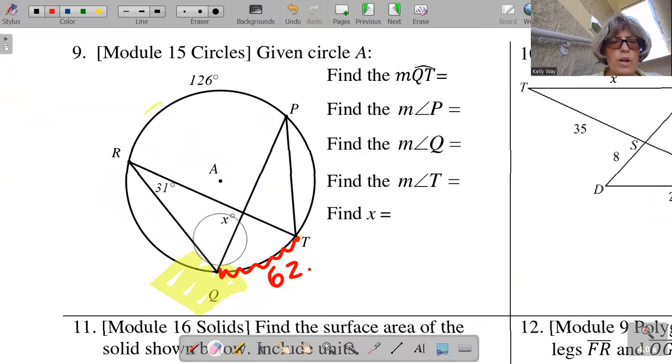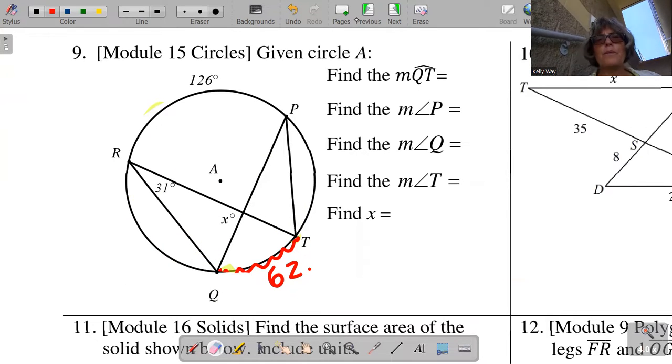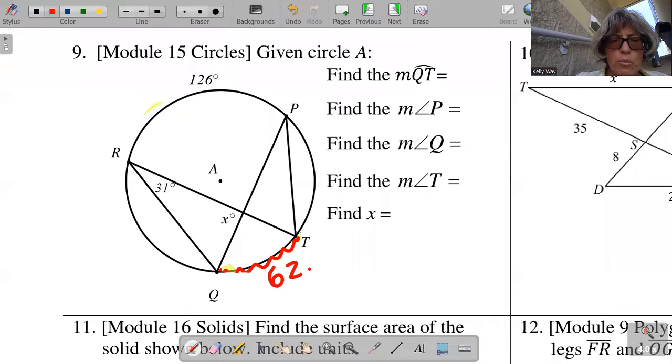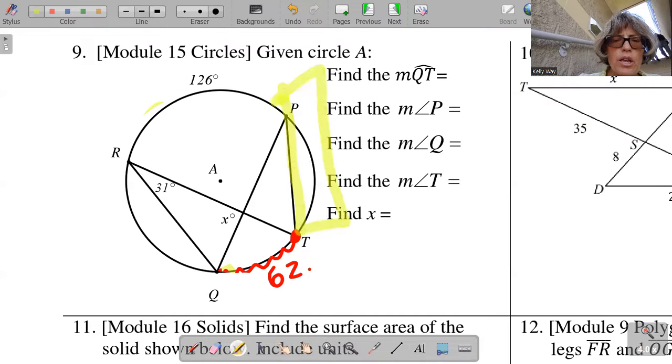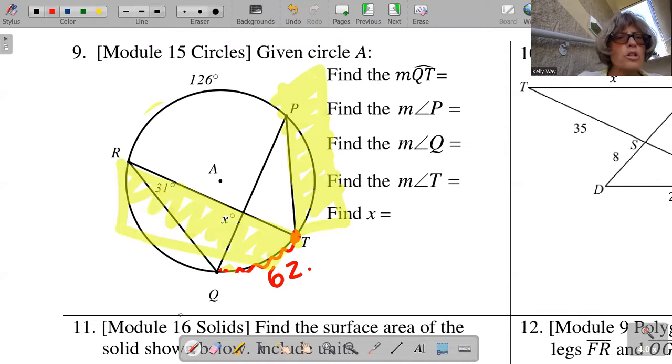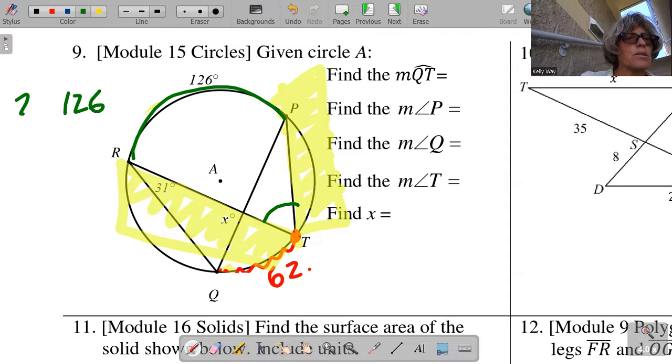You ask yourself, what else is it possible to find? So now we're going to move the Post-its right here to T. Post-it notes this way. And we're grabbing that 126. So this angle's half of 126.